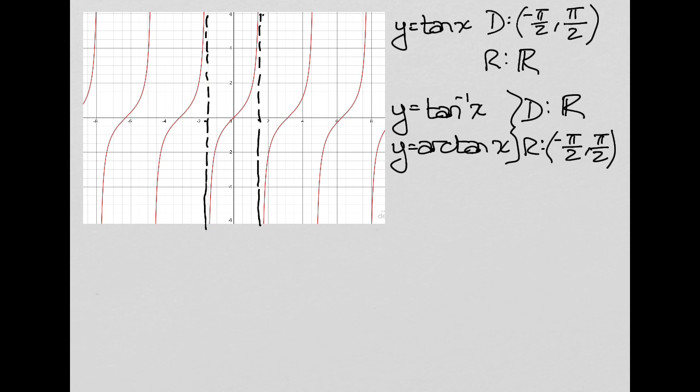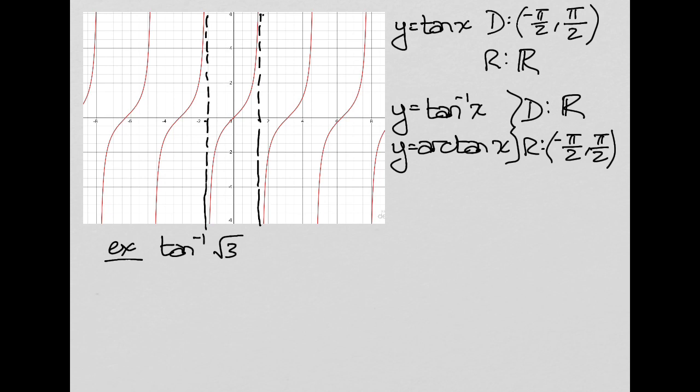Let's put this to work. If I want to evaluate the inverse tangent of, let's say, root 3, I'm looking for the angle that's in the right range, between minus pi over 2 and plus pi over 2, whose tangent value is the square root of 3.